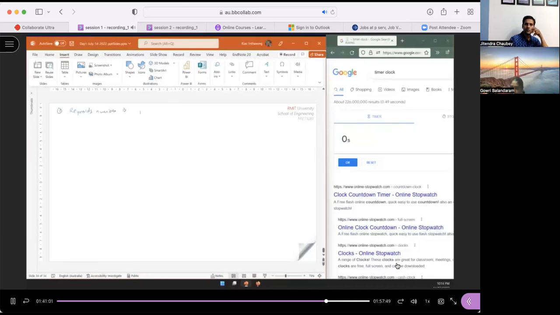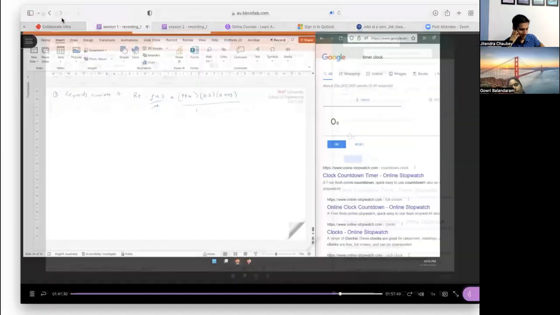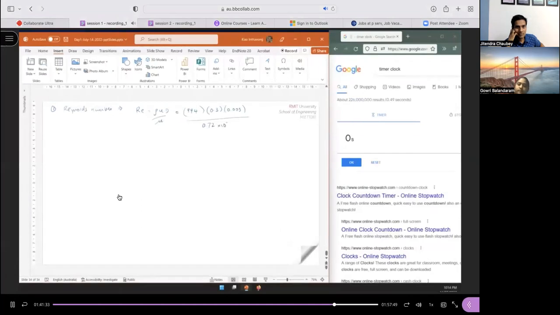We can do that straight away. I think all the values were given. So density is 994, velocity 0.3, and mu was 0.72 times 10 to the negative 3.